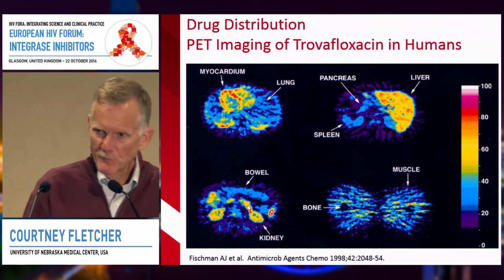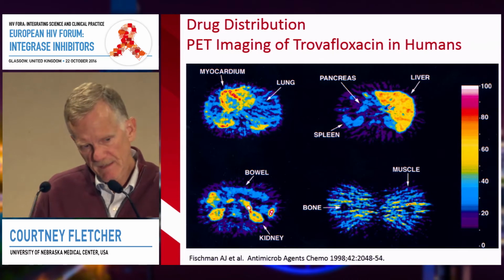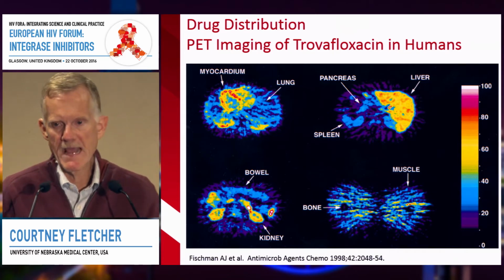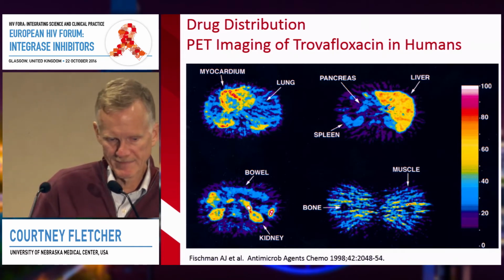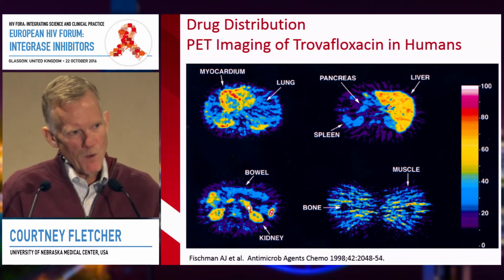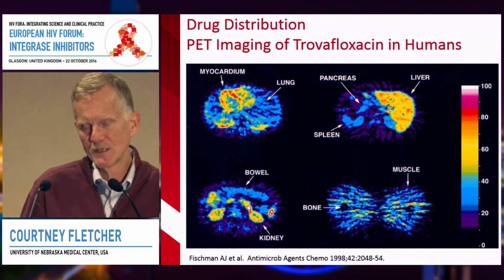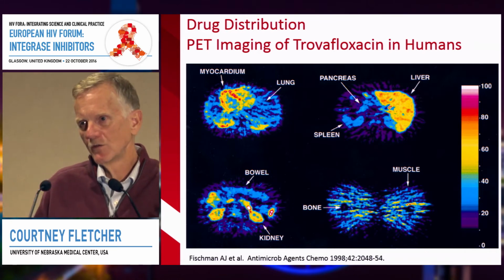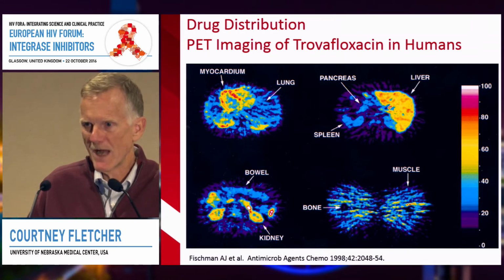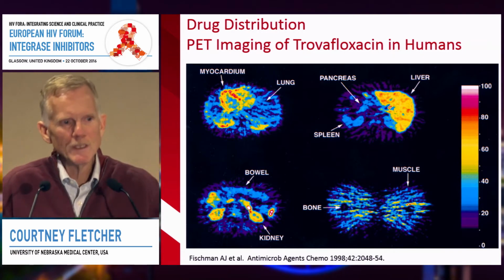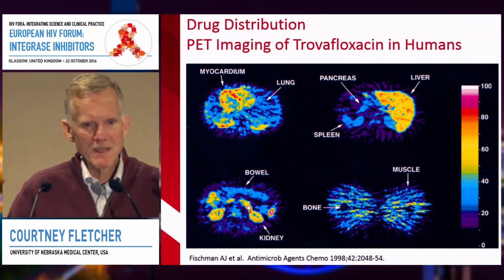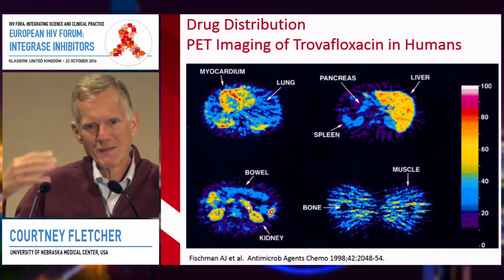Let me move now from absorption into distribution. This is a PET imaging scan of a quinolone, trovafloxacin, in humans. And if there's probably one point I'd like to make sure you walk away with about distribution, it is that drugs don't distribute homogeneously throughout the body. Now, as clinicians, you really already know that, right? Think about the brain. You've got the blood-brain barrier.